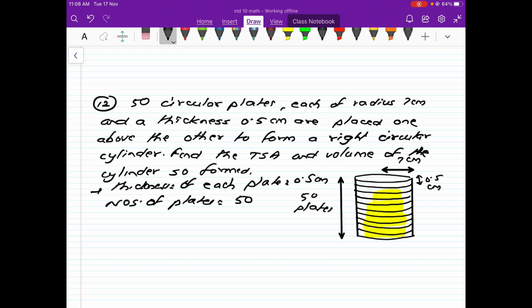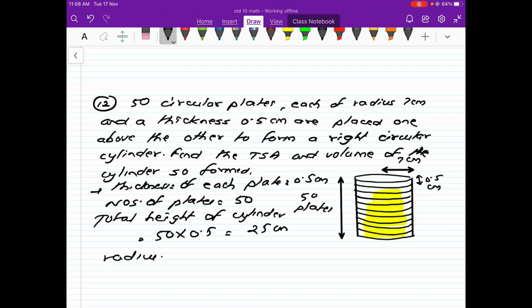So we'll find the total height of the cylinder, because they are stacked one upon the other. So the total height of the cylinder is 50 plates into 0.5. So this comes to 25 centimeters. Now what is the radius of the base? The radius is given to us as 7 centimeters.